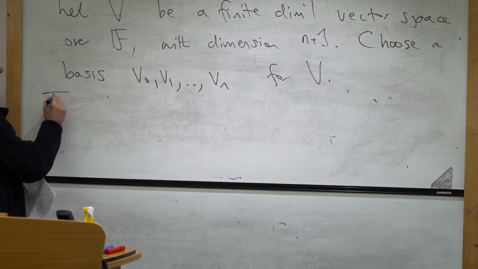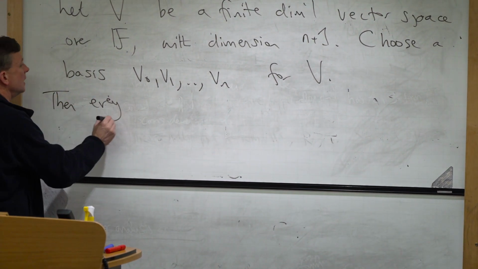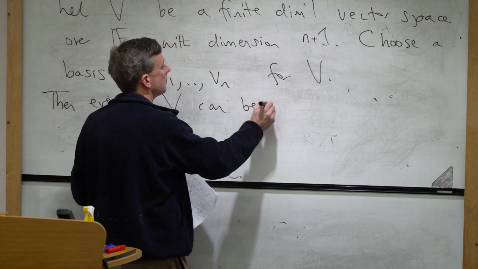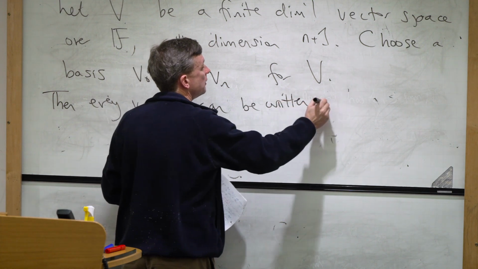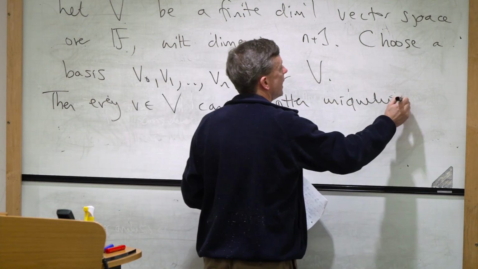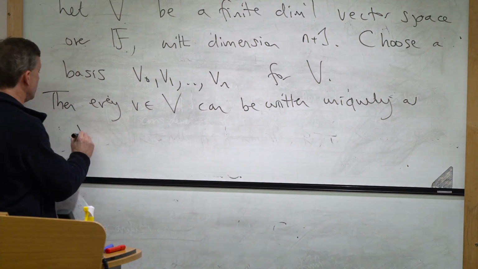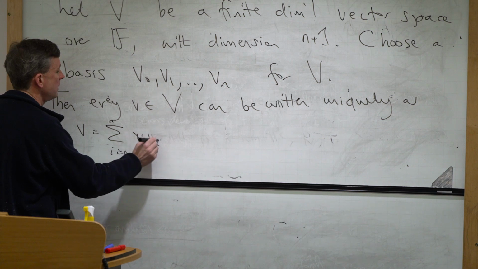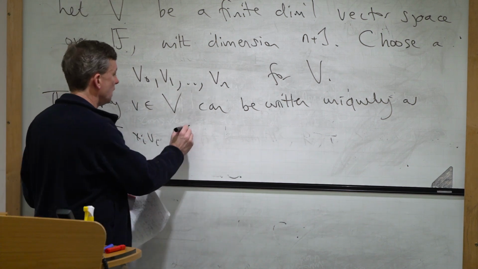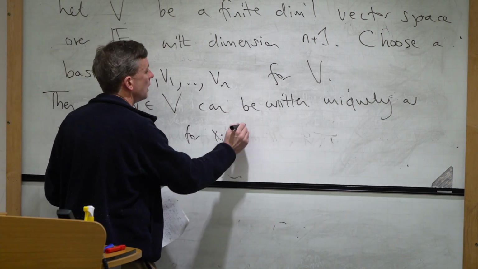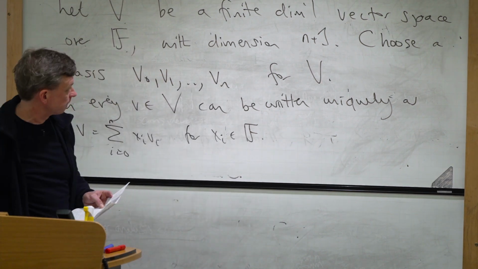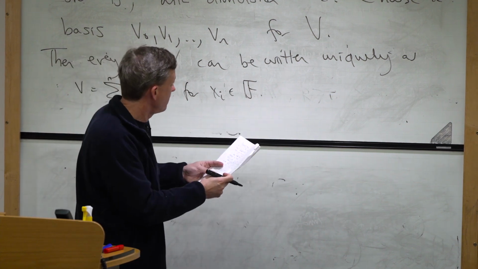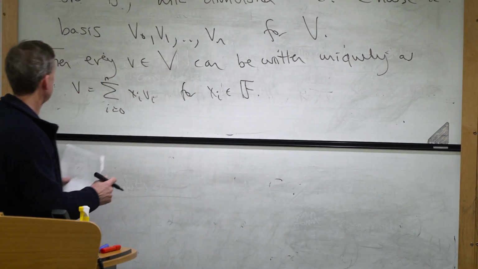Then every little v in big V can be written uniquely as v equals the sum from i equals 0 up to n of xi vi, for xi in your field F. So let's make a definition.